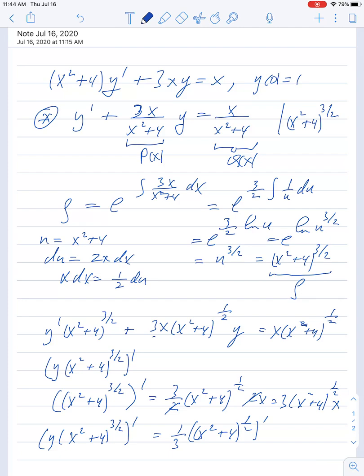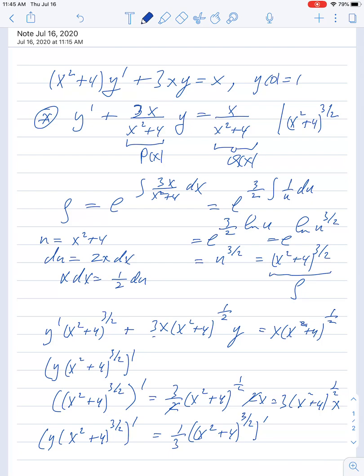Correction, 3/2. The derivative of x squared plus 4 power 3/2 is written here. When we divide by 3, it's exactly the right-hand side.